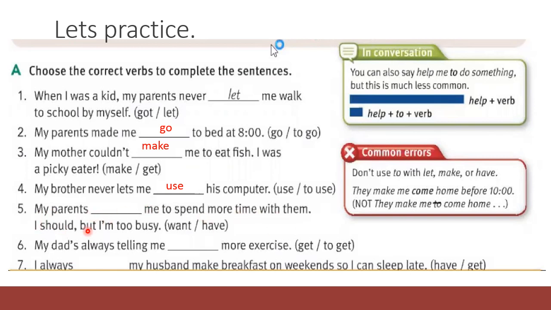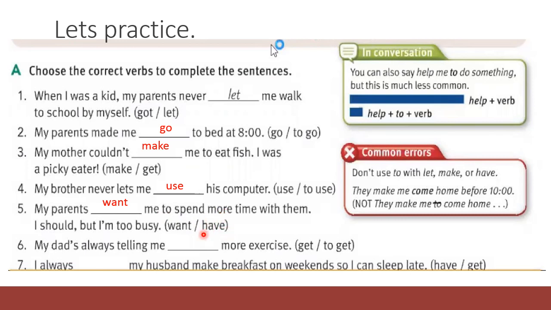So you have to choose between want and have. Okay, so in this case, the answer is my parents want me to spend more time with them. Sorry, I should, but I'm too busy. So here we need to use want because here we have the preposition to. Have is in the first group with no preposition to.